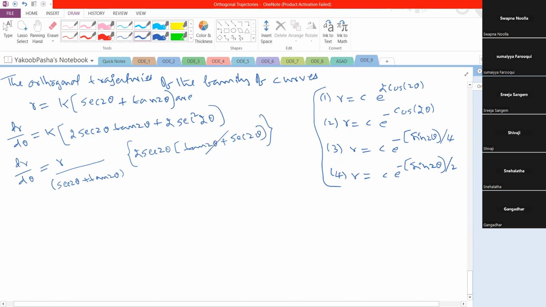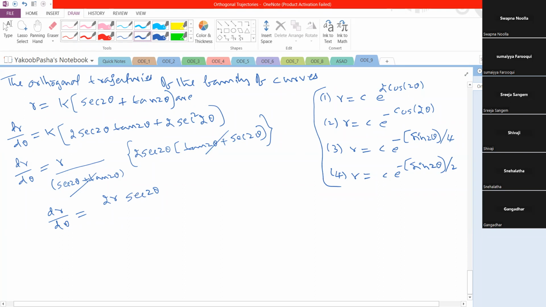So tan 2 theta plus sec 2 theta will be cancelled. So dr by d theta is equal to 2r sec 2 theta. Now our target is completed. K is eliminated.